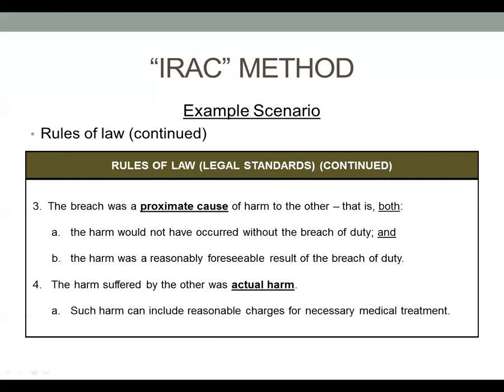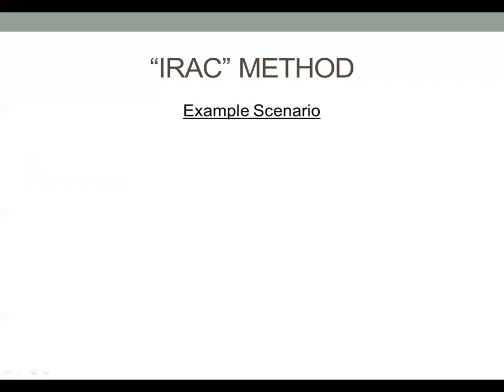Well, the law further says that this harm can include reasonable charges for necessary medical treatment. So now we have the 4 basic rules of law, along with some of their subpart rules, for determining whether a person under Texas law can be liable for harm to another person. So those are the rules of law.